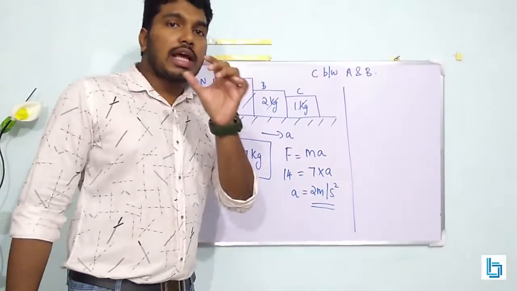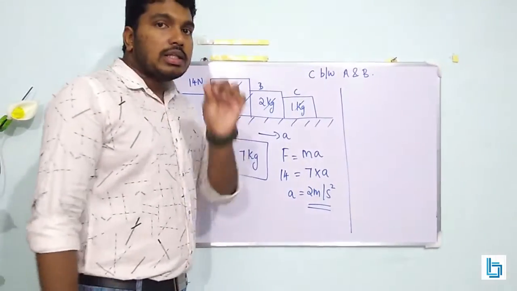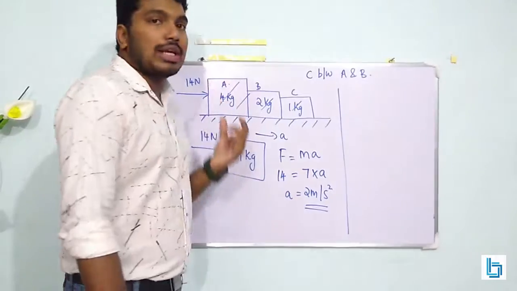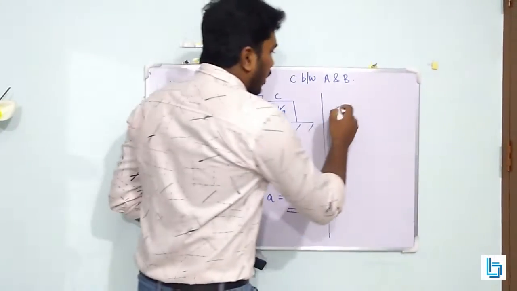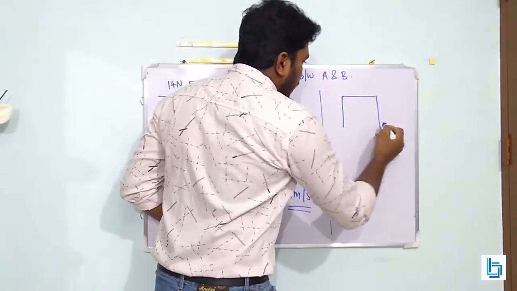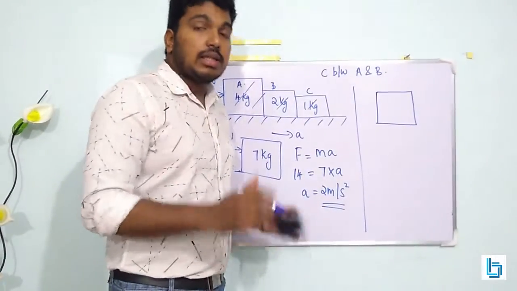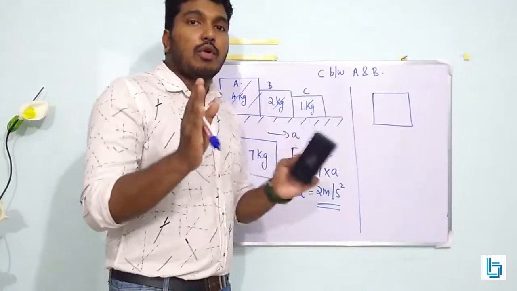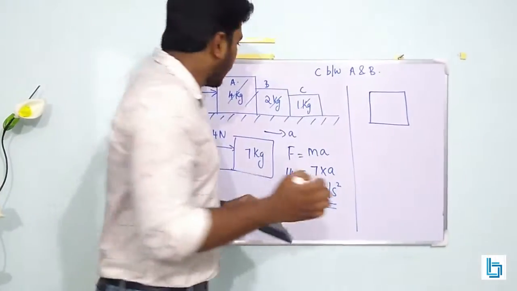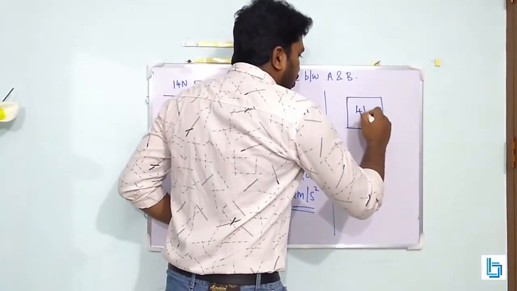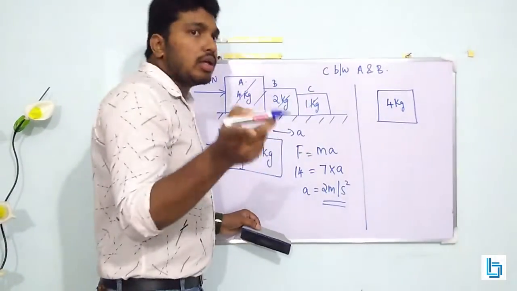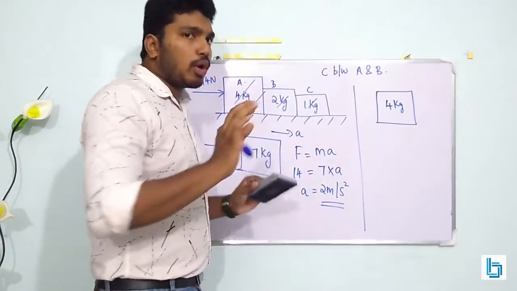To find the contact force, we will be drawing the free body diagram of this 4 kg mass. A free body diagram means we will have to represent all the forces acting on a body and choose a corresponding axis, then write the corresponding force balance equation. You can also take this 2 kg mass, no problem.